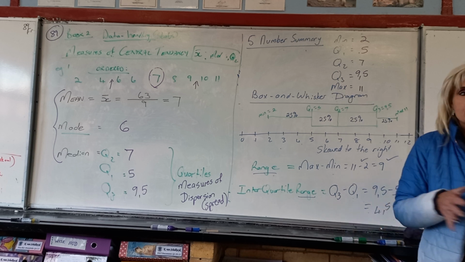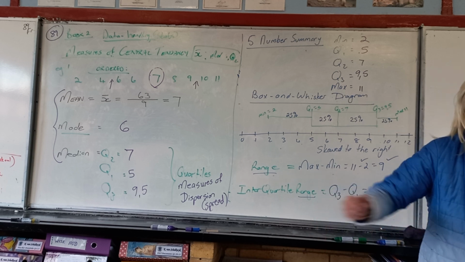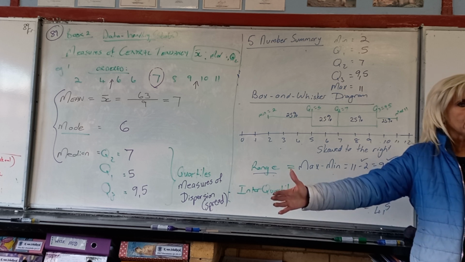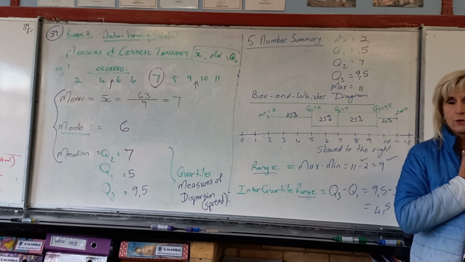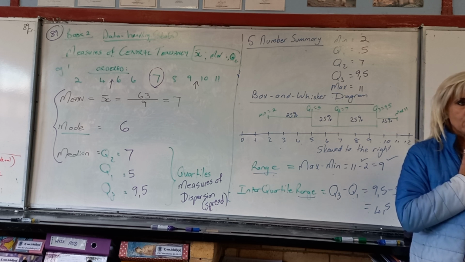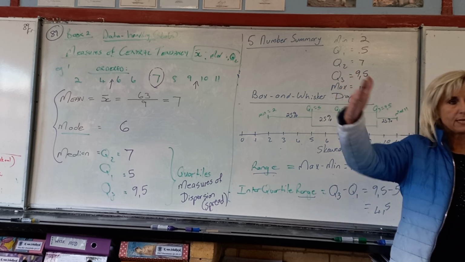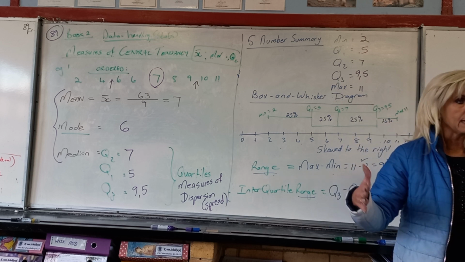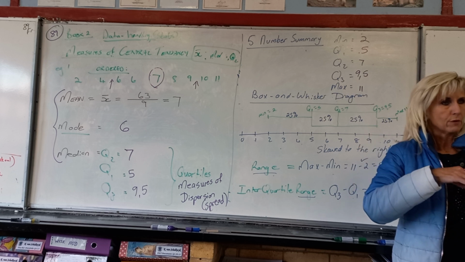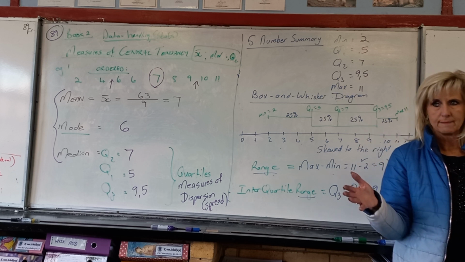Now that tells me something again about the spread. Is it widely spread or is it less spread? So if my range for my matric results at the end of the year vary from 80% to 30%, it's quite a large range. And that's the normal for results in mathematics. Are you with me?